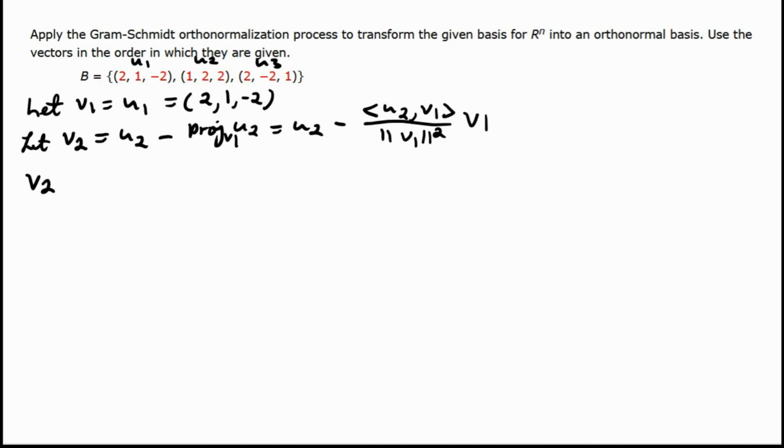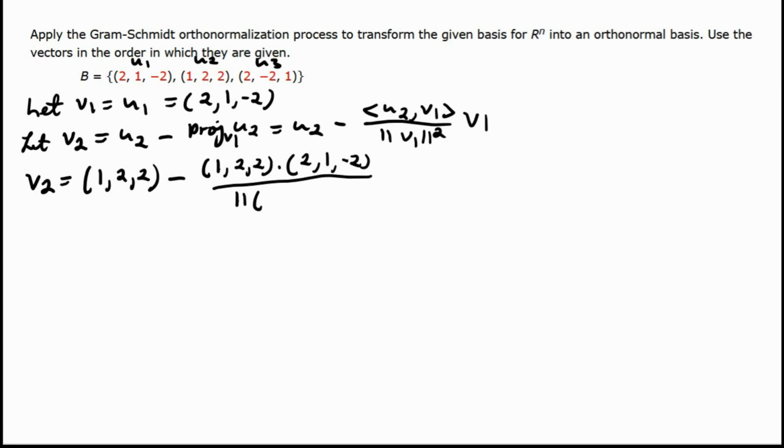So u sub 2 is 1, 2, 2, minus the dot product of u sub 2, 1, 2, 2, with v sub 1, the previous one, 2, 1, negative 2, all over the norm of v sub 1 squared.